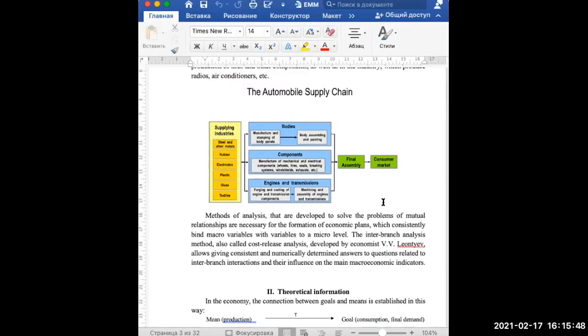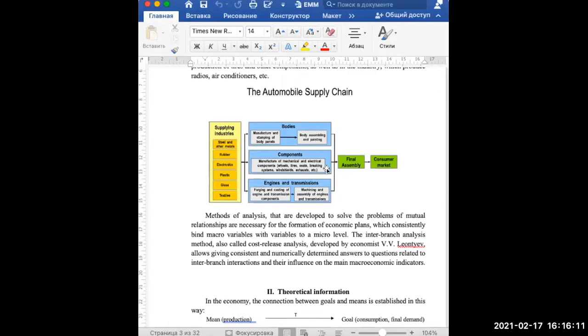Next, at the same time, each branch can be supplier and client for each other. Simple example, if we talk about the automobile manufacturer or automobile sector, we understand that to produce a car, what do we need?